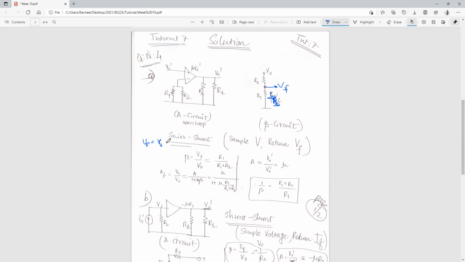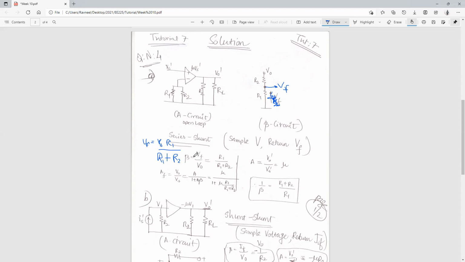That will be R1 upon the total resistance R1 plus R2. That is the equation for VF, and your input is V out, and your feedback output from the beta circuit is VF. So finding output upon input, VF upon V out will be your beta gain.